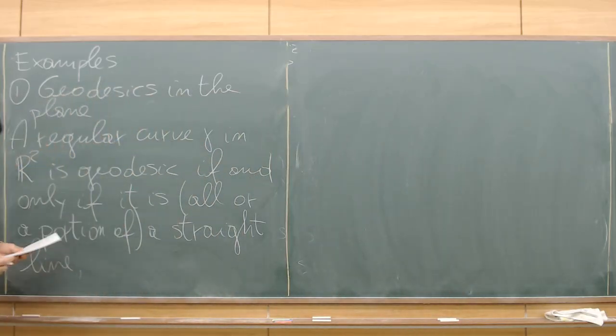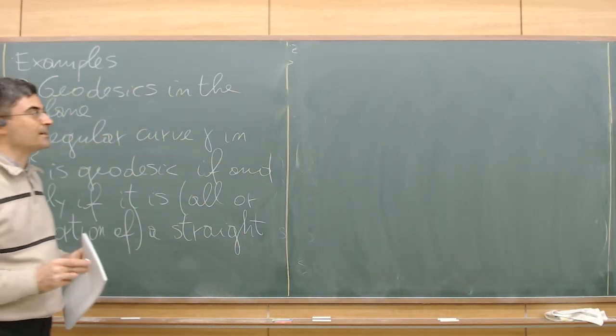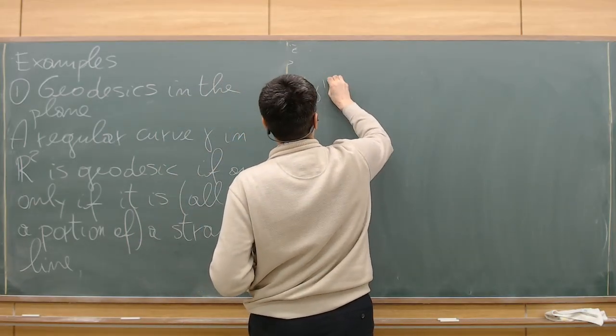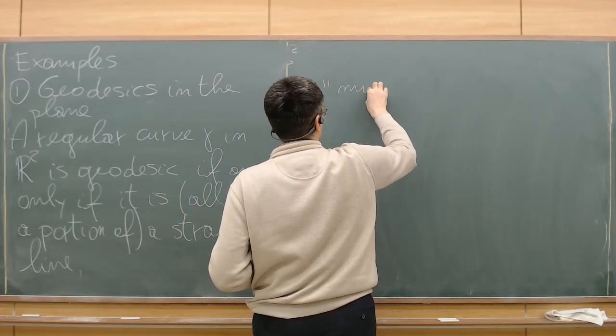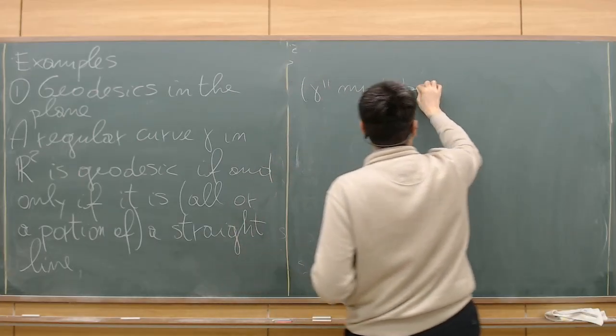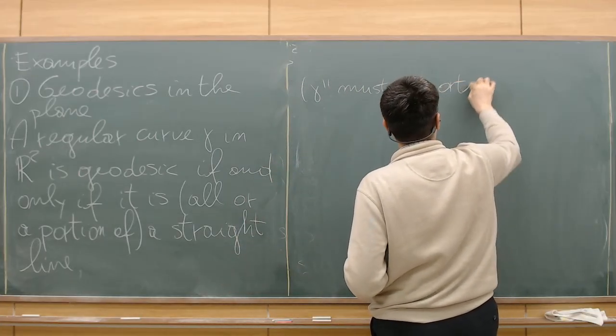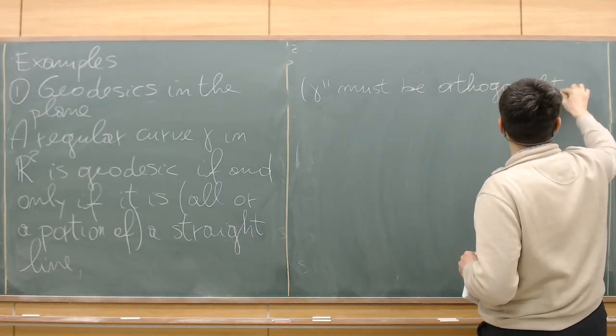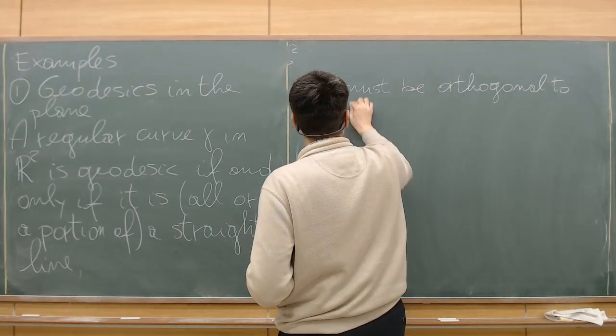In particular, we want gamma second to be orthogonal to R2.